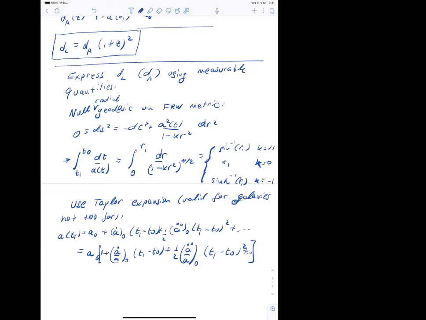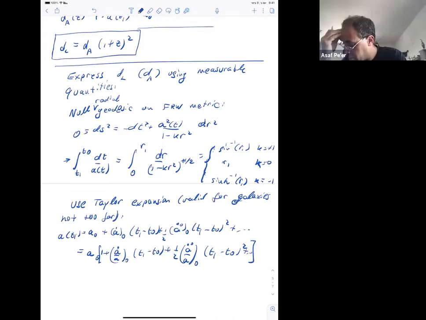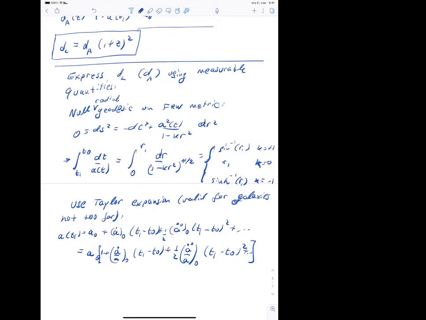Can I ask a question? Yes. Why do we assume that, to do the Taylor expansion, the change is small, right? However, if we assume that A is uniform all across the universe, then for small time changes, the distance between one point and another doesn't really matter, right?